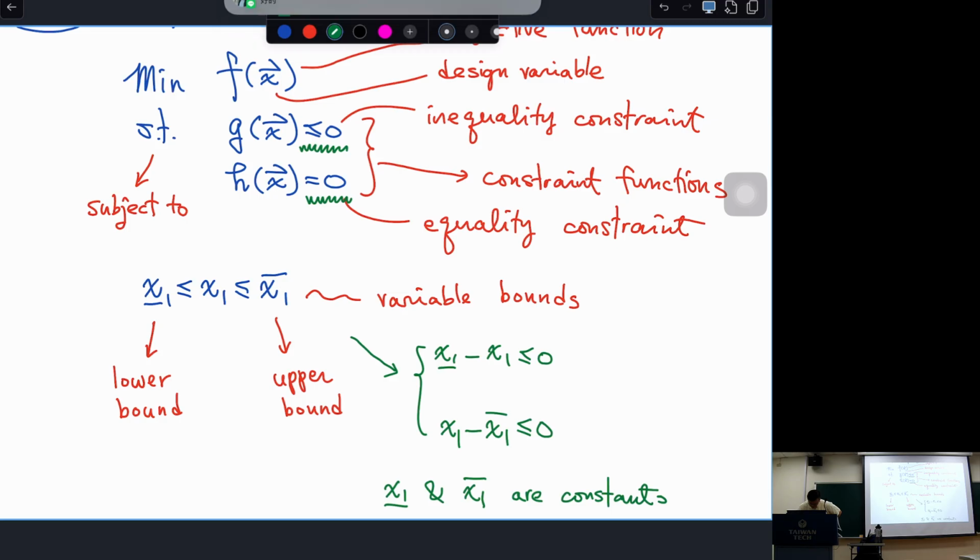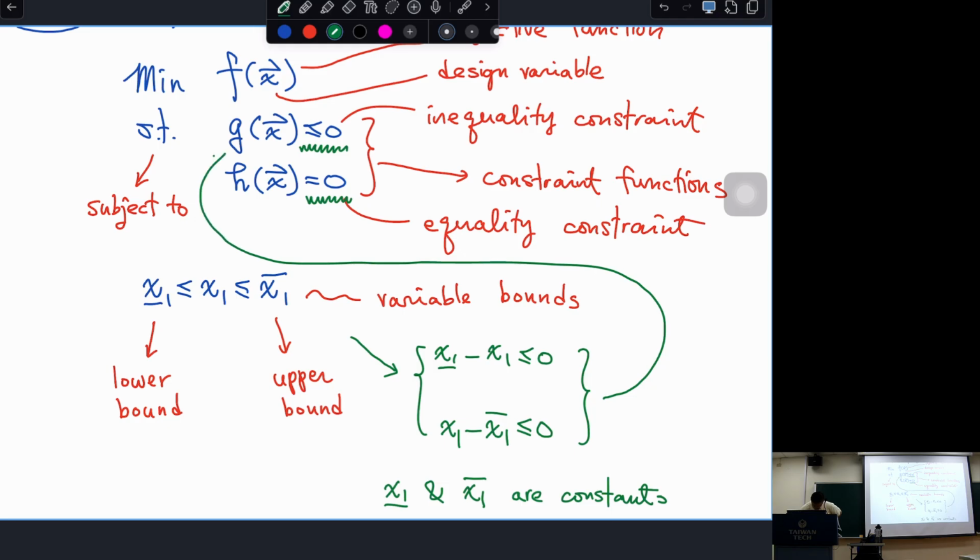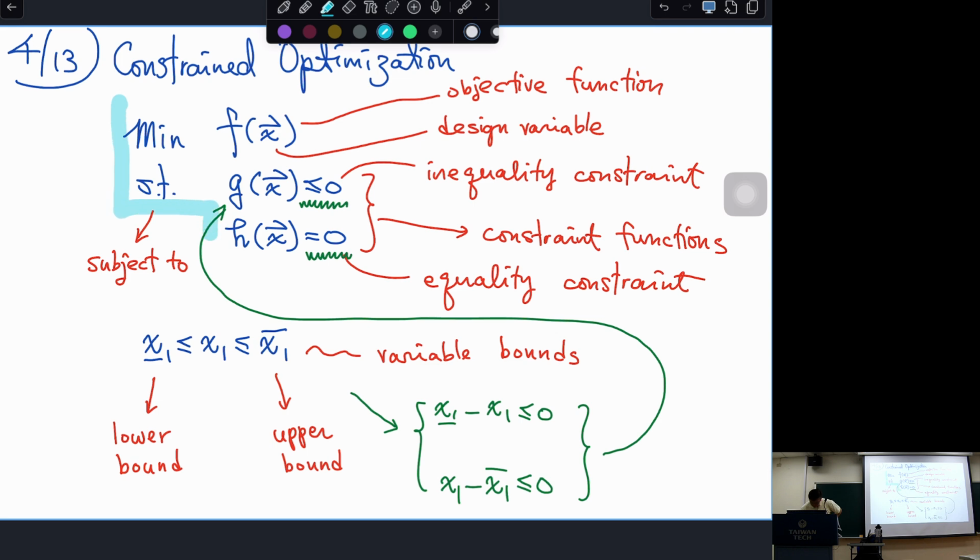So they are considered as two of the inequality constraints. So that's why in the standard form, this is a standard form. You don't need to cover variable bounds. This is general enough. Variable bounds are just a kind of inequality constraints.